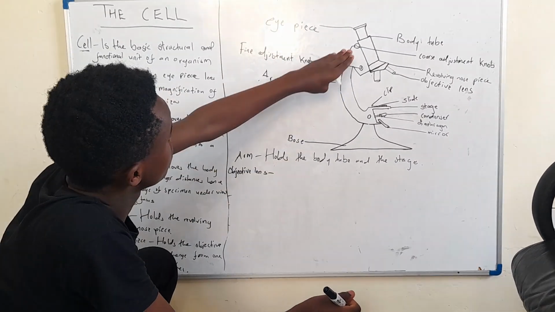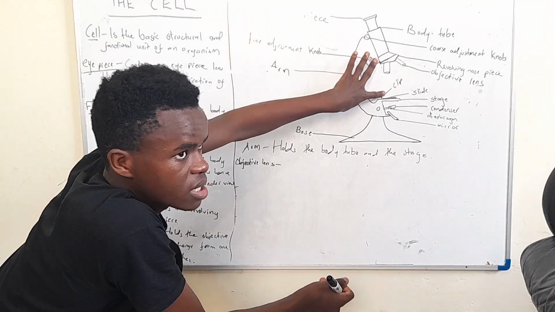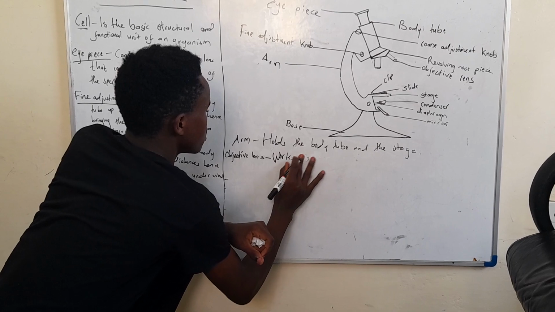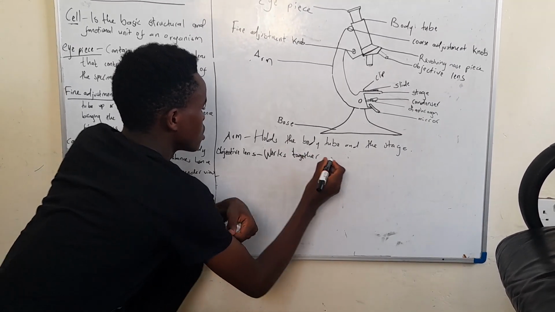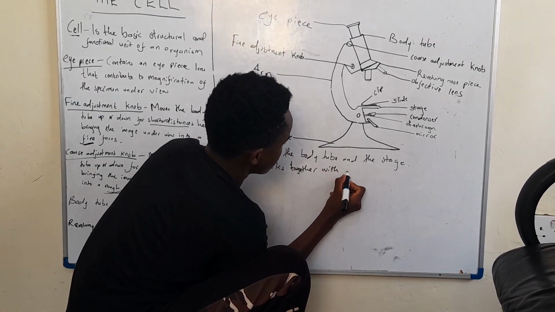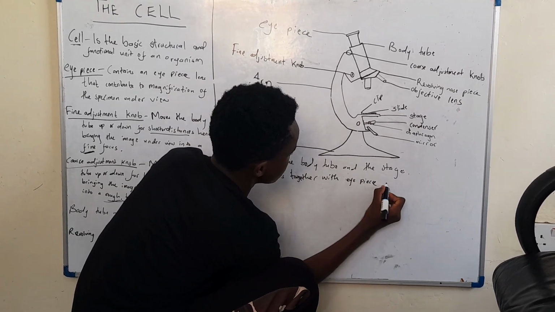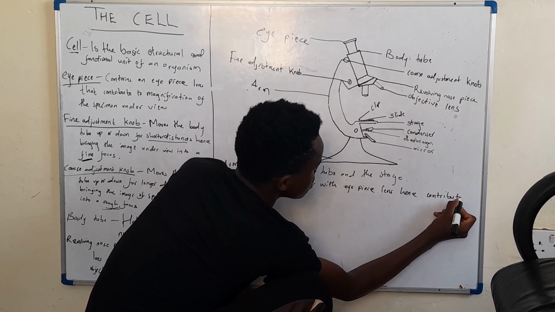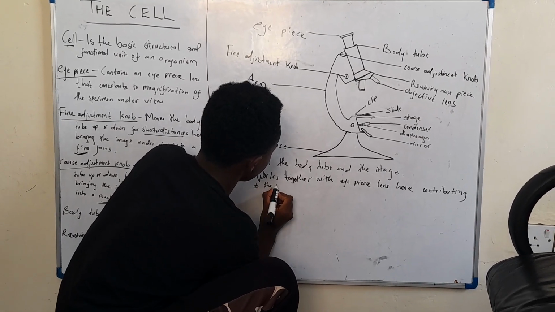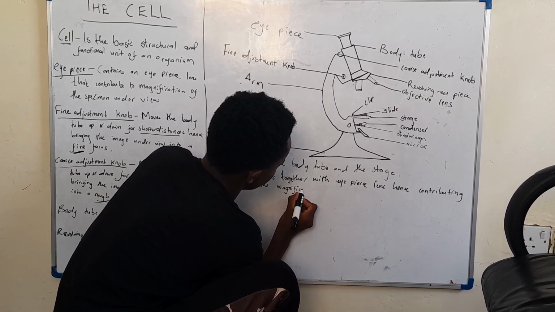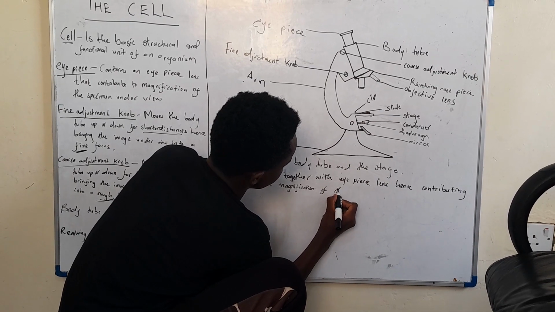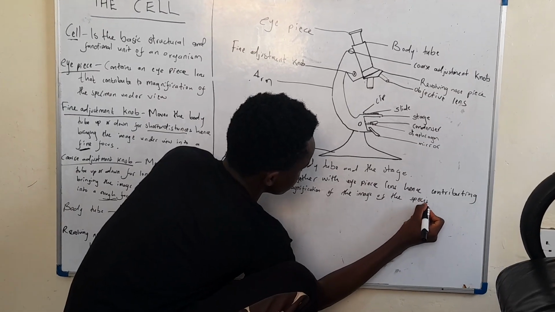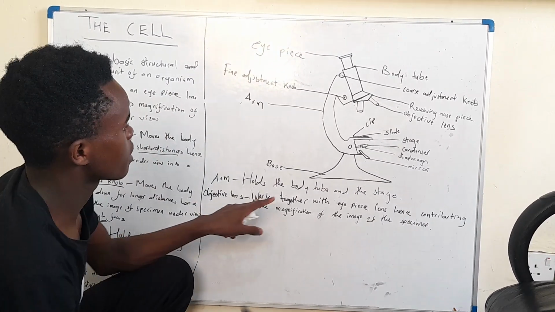Simply, it works in combination with the eyepiece lens to bring the image of the specimen on view into desired focus, hence contributing to the magnification of the image of the specimen. So that's the work of the objective lens.